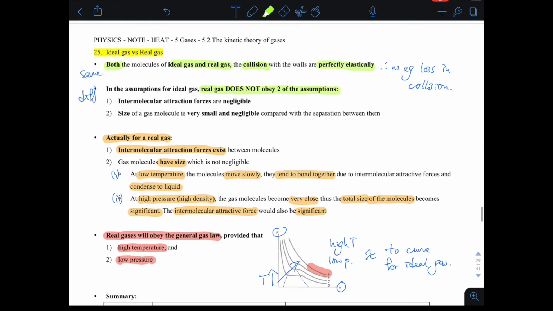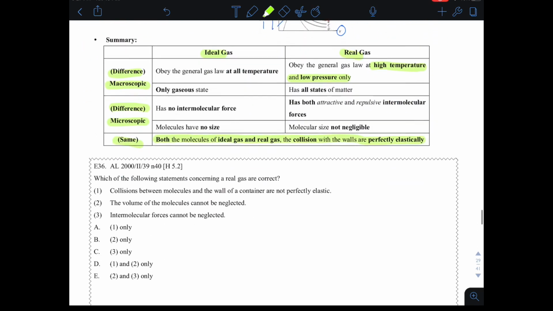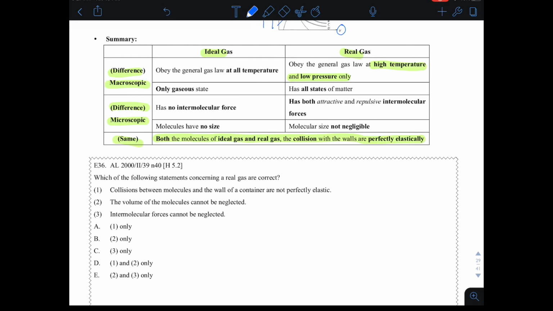And lastly, we talk about 1 MC of the real gas and ideal gas difference. As long as you refer this table, I think it's okay. Which are the statement concerning real gas? That's correct. We look at the table at the same time. Collision between molecules and wall of the container not perfectly elastic. This is wrong.